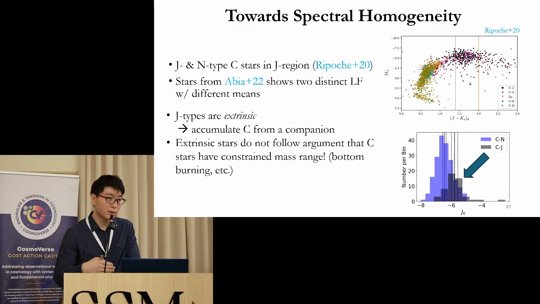We can maybe do a grid search, look through many different combinations of these stars. There's certainly evidence of non-carbon stars that are also in the J region as well. And so maybe by taking spectra first of the stars in the J region, we can identify the diversity in there, and then start creating mock catalogs to simulate this on a galaxy-to-galaxy basis. It's certainly something that can be done.